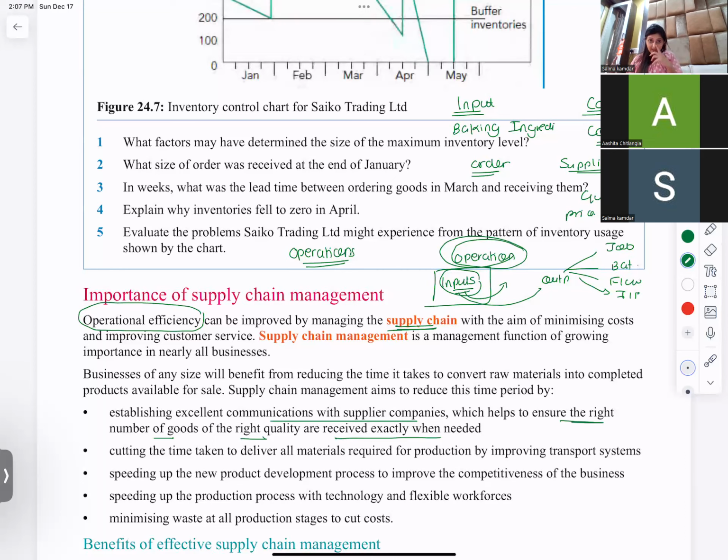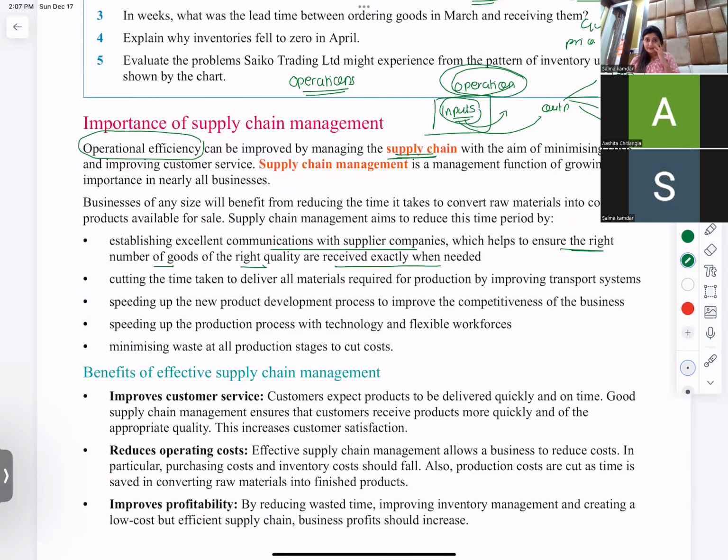So when your supply chain management is there, what is the aim of your supply chain management? Aim is all this only, na, to establish good connections with the supplier so that the right number of goods and quality is received. Then cutting the time taken to deliver all the materials.